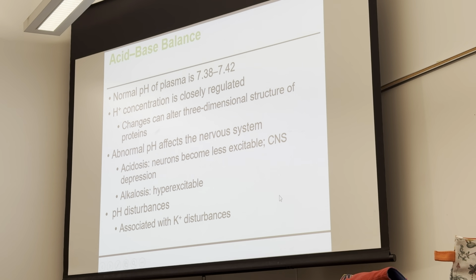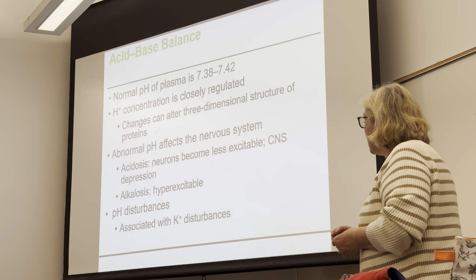Okay, so now let's talk about the role of the kidney in acid-base balance. We talked before that the respiratory system would be the first to respond to acidosis and alkalosis by hypoventilation or hyperventilation, but the kidney has a very important role after that. Just to remind you, the normal plasma pH is 7.38 to 7.42, and we need to regulate the pH for many reasons.